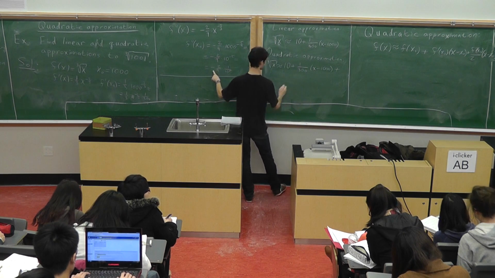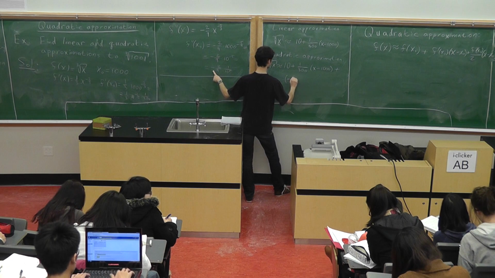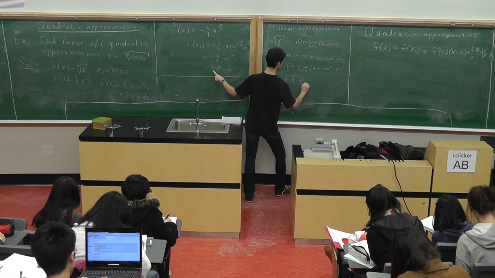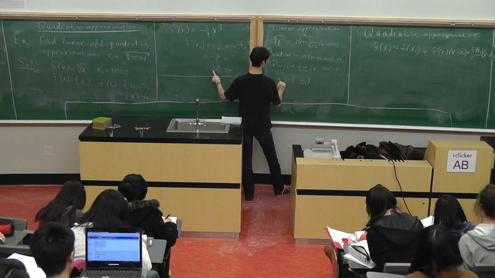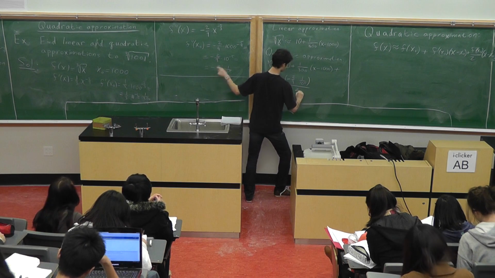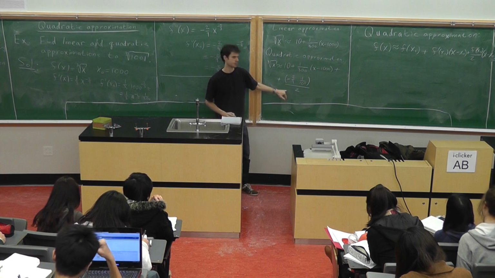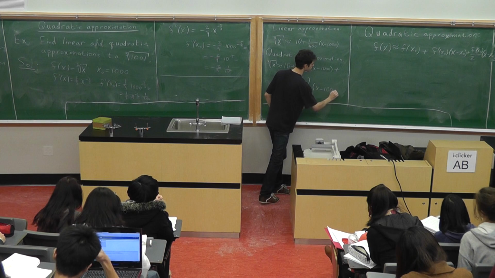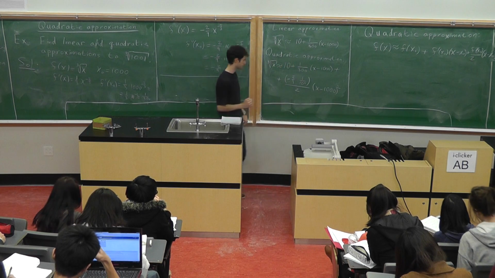So the second derivative here is minus 2/9 times 1/10 to the power 5, divided by 2, so the second derivative divided by 2 times x minus 1000 squared.